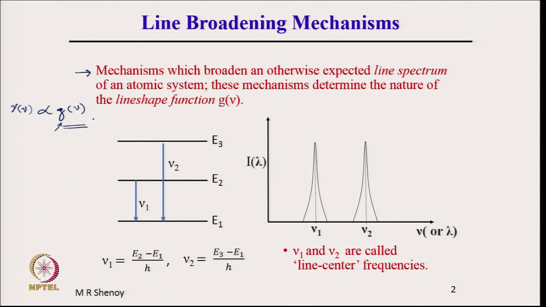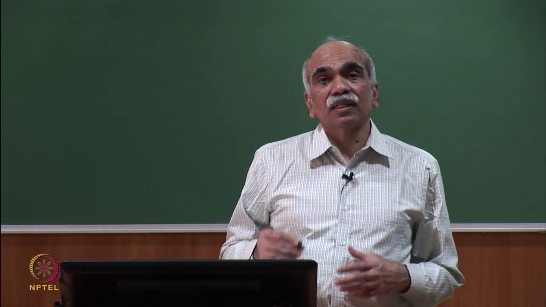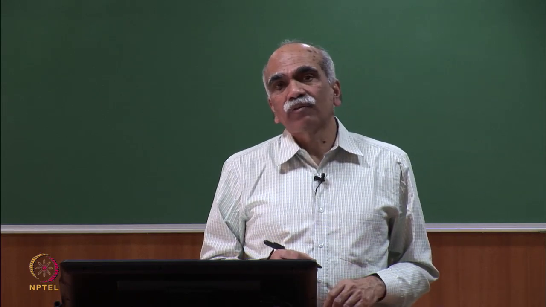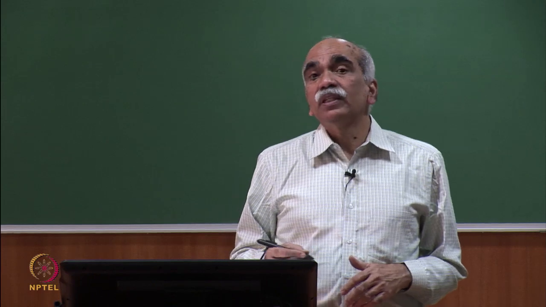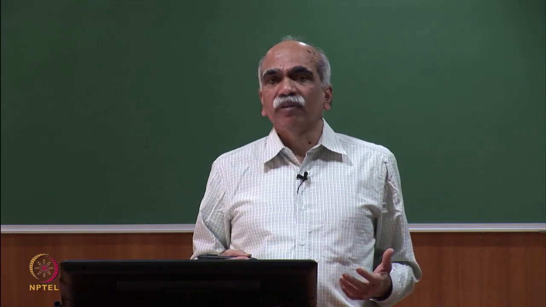Therefore, it is very important in the study of laser amplifiers that we know the normalized line shape function g nu, because that describes the interaction of radiation with matter, which leads to a certain bandwidth for the amplifier.